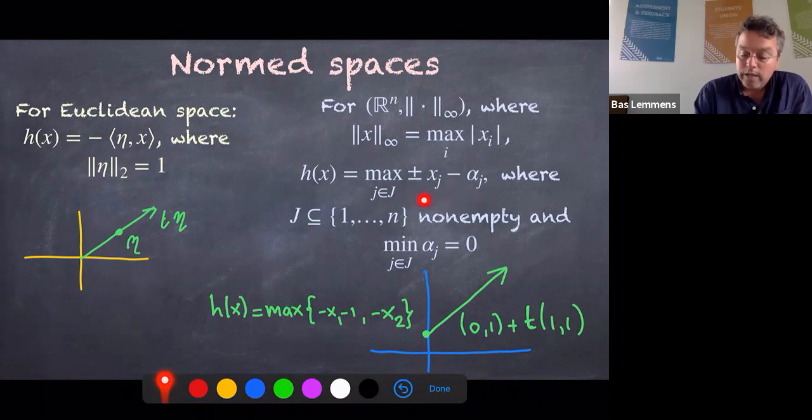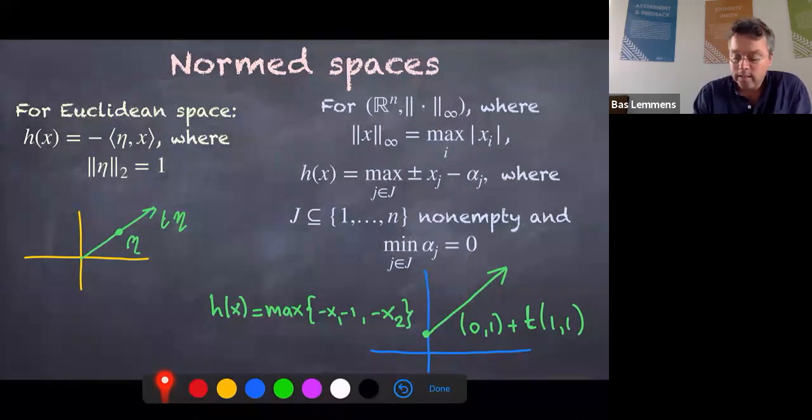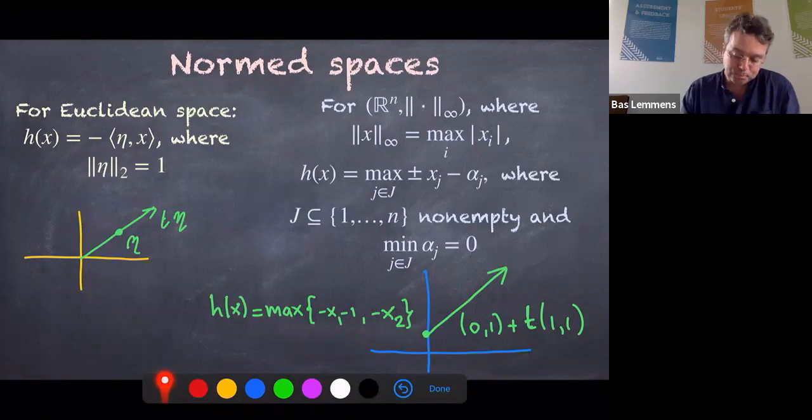So here you get the maximum over j again, now of plus or minus x_j minus alpha_j, where J is again a non-empty index set, and the minimum of the alpha_j's is 0. So these are all non-negative, and the minimum is 0. So for example, if I would go along the diagonal here, like along this ray, I actually pick up this Horo function. This is quite easy to see.